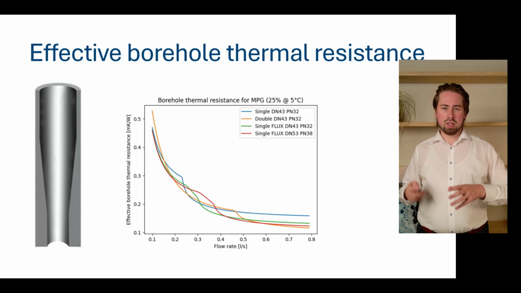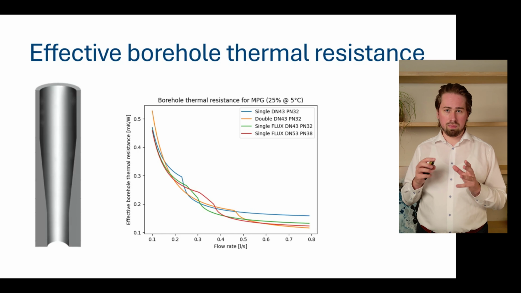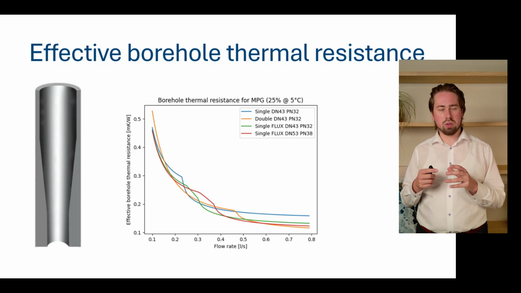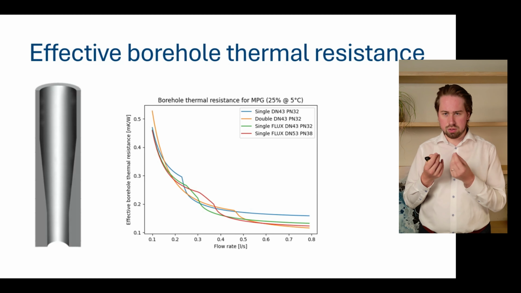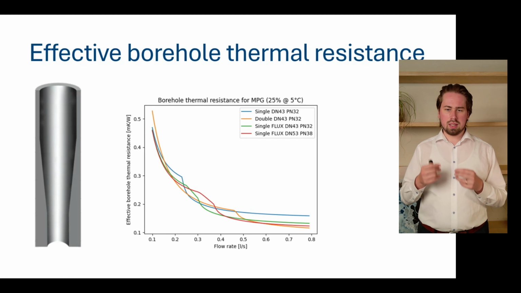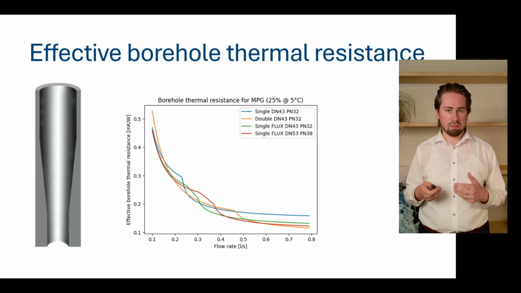And if you then compare a single and double DN43, PN32, it's a conceptual, theoretical model, what you see here is that our flux probes are performing better thermally than our constant single probe, for the same reason: the wall thickness is on average a little bit smaller.